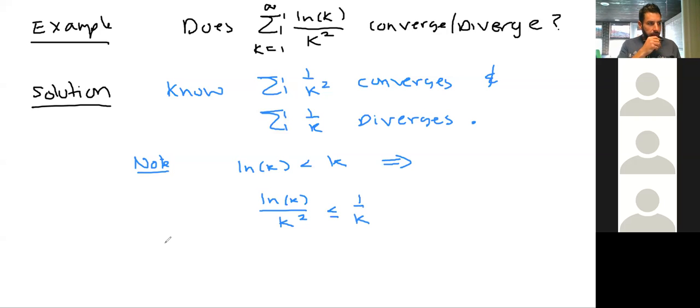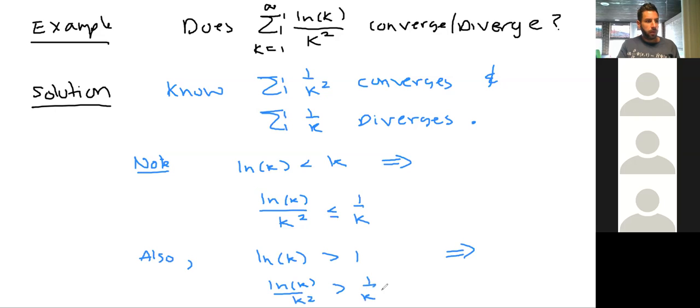Similarly, I know that log of k is greater than 1. And so if I divide both sides by k squared, I get the natural log of k over k squared is greater than 1 over k squared.